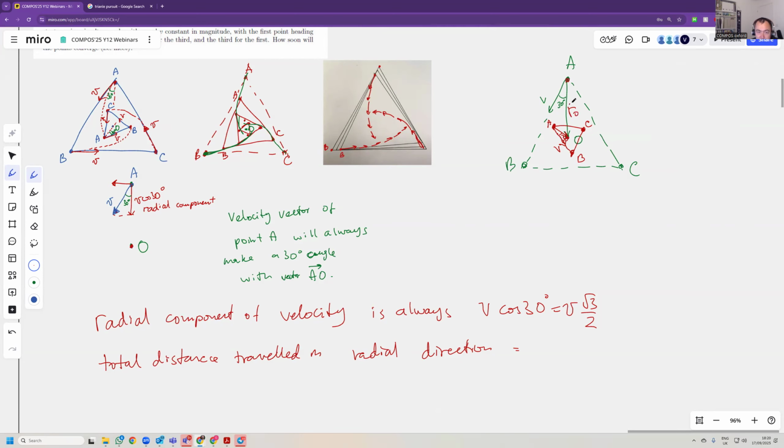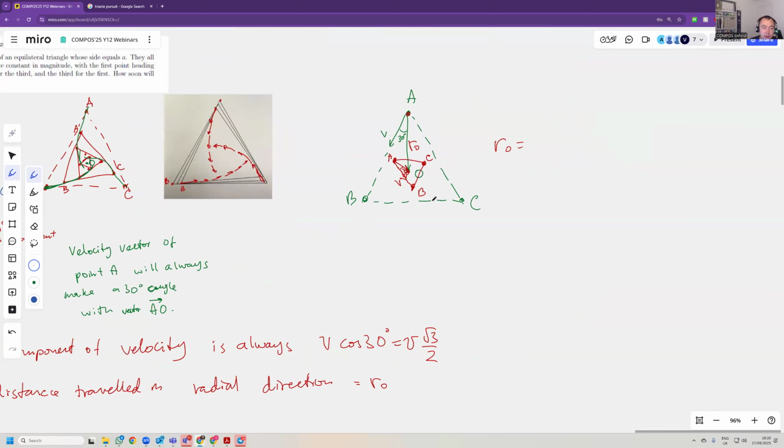Let's say it's R0, and R0 is two-thirds of AH, and AH is the height of an equilateral triangle.